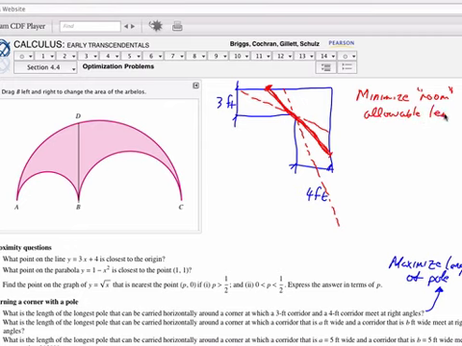Does that make sense? So this is really a minimum. We're looking at all these scenarios of how long of a pole could fit at different angles. The longest pole you can get is the one that can fit through the minimum distance that we have.